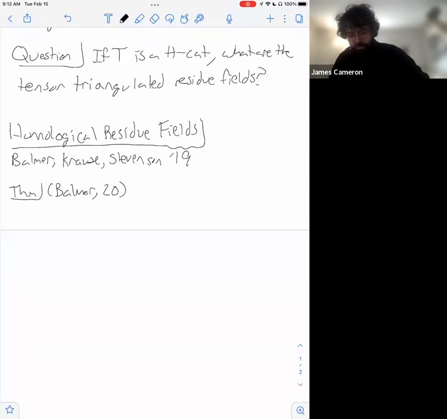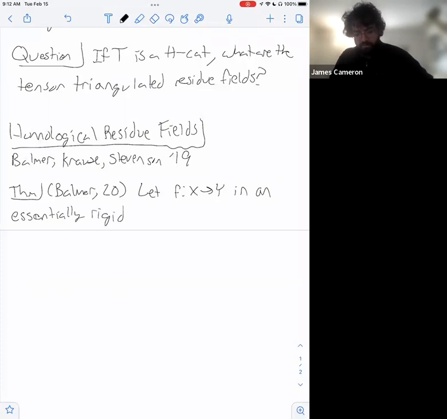So here's the theorem. If we have a map F in an essentially small rigid tensor triangulated category, let's call it T, or maybe T^c, T for complex.